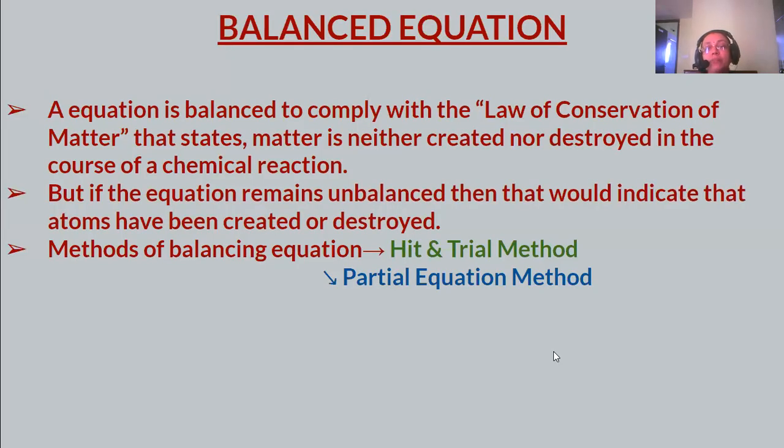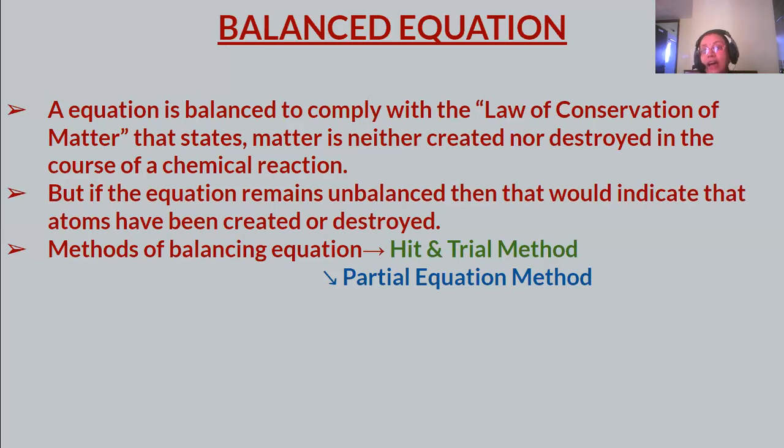Next, we come to how to balance an equation. An equation is balanced to comply with the law of conservation of matter. We know that matter is neither created nor destroyed in a chemical reaction.